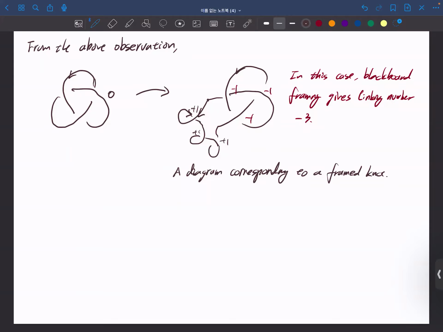In this case, you don't need to write any integer numbers. But by adding more kinks or deleting kinks, you can control the framing numbers.